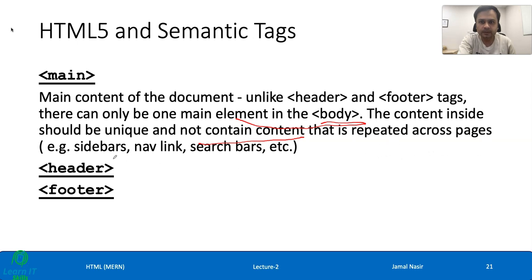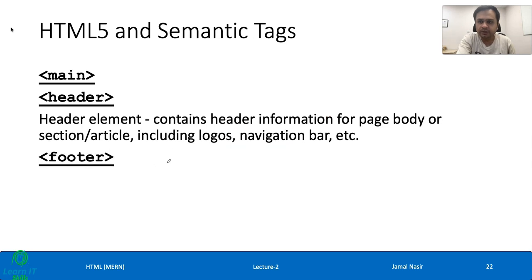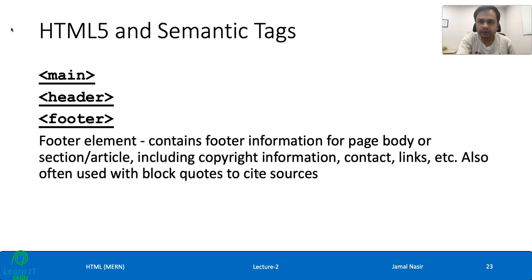So sidebars, navigation links, search bars, this should be unique. Then we have header. Header element contains header information for page body or section article, including logos, navigation bar. Footer element contains copyright information, right? Contacts, links, some other codes, right?